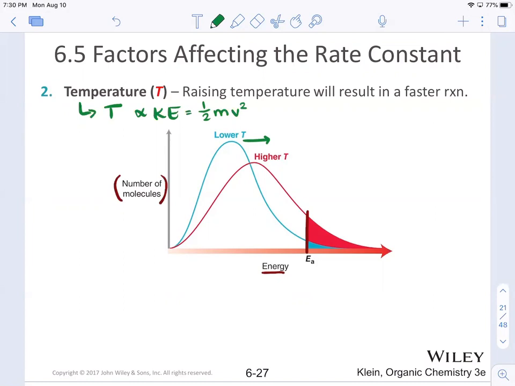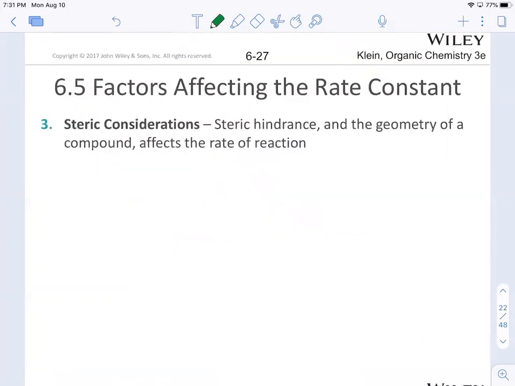There's just more available energy to reach that transition state, to reach the activation energy. And we can see that right here with this extra amount of molecules, right? The area that has been pushed to the right of that activation energy results in more molecules with enough energy.